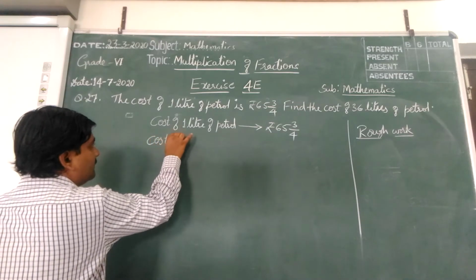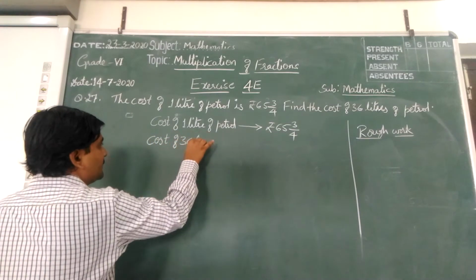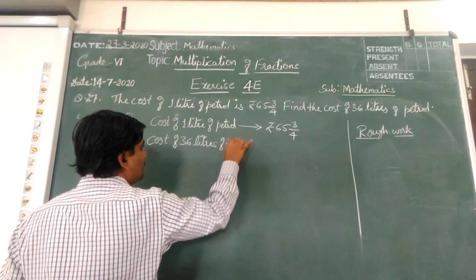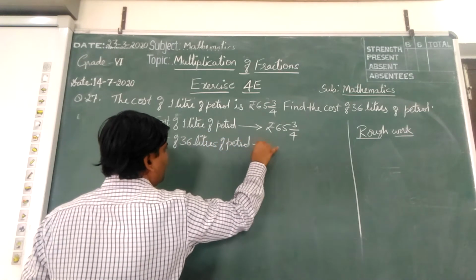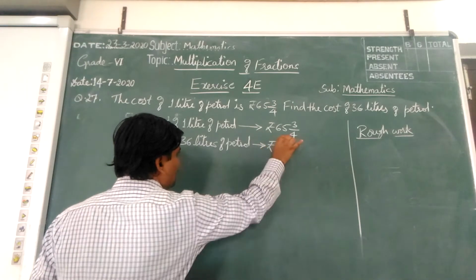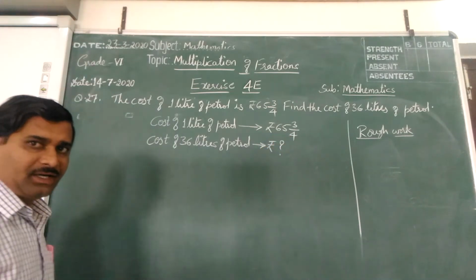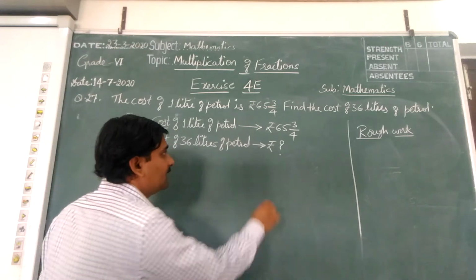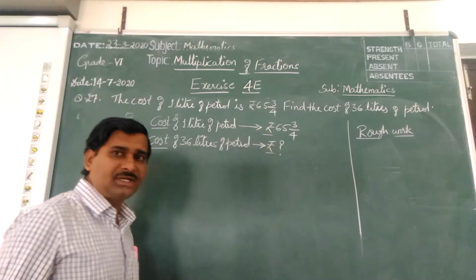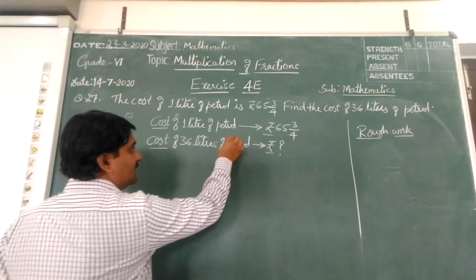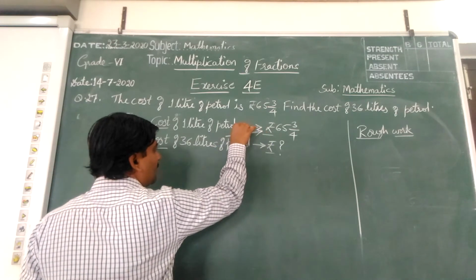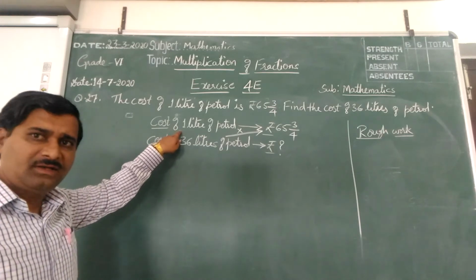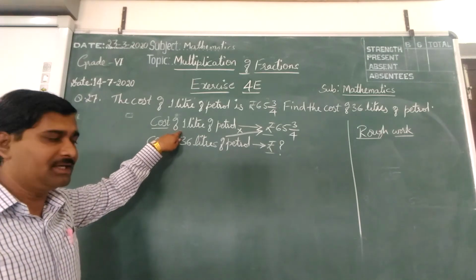So the cost of 36 liters of petrol, that we have to find out. This cost we don't know. Again written in the unitary method: see here, cost and cost, same unit, written on one side, and rupees, same units, written on one side. As I said, this corner into the second corner, third corner into the second corner, divide by 1. If we write 1 divided by 1 or not, it is the same.